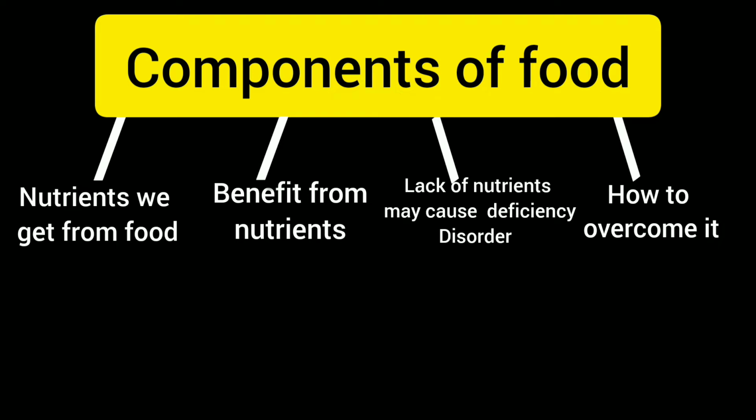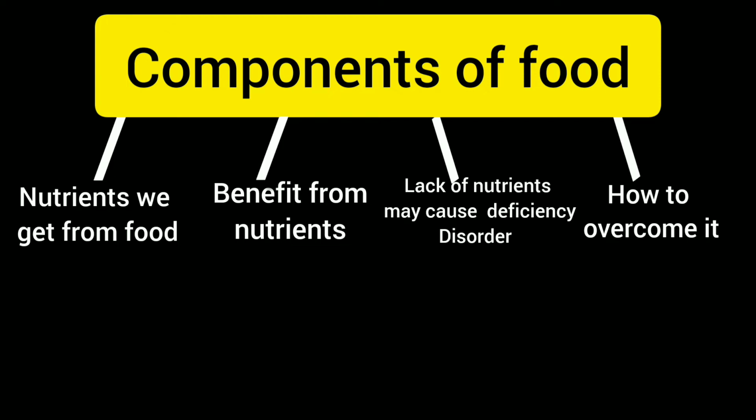Before getting into the subject, I am letting you know what we will learn from this unit. In the unit Components of Food, we will first learn the nutrients we get from food. There are different foods we eat and they have different types of nutrients. Then we will discuss the benefits of the nutrients, as different nutrients give us different benefits to our body.